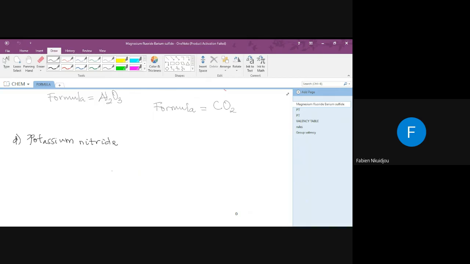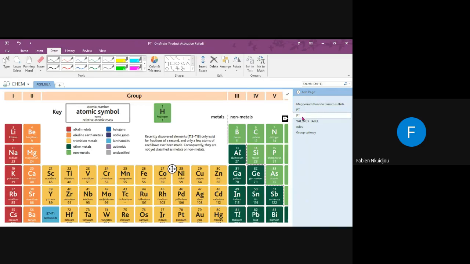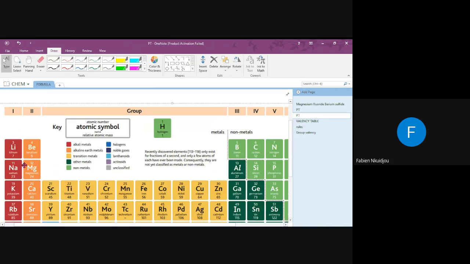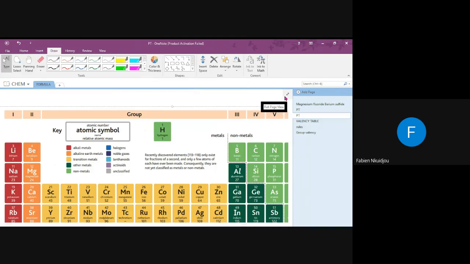We have potassium and nitrogen. So let's get the symbol of potassium on the periodic table. It will be better if you can memorize some of these symbols so you won't have to look up the symbol at the periodic table each time. So here we have potassium. What group? In group 1, right?